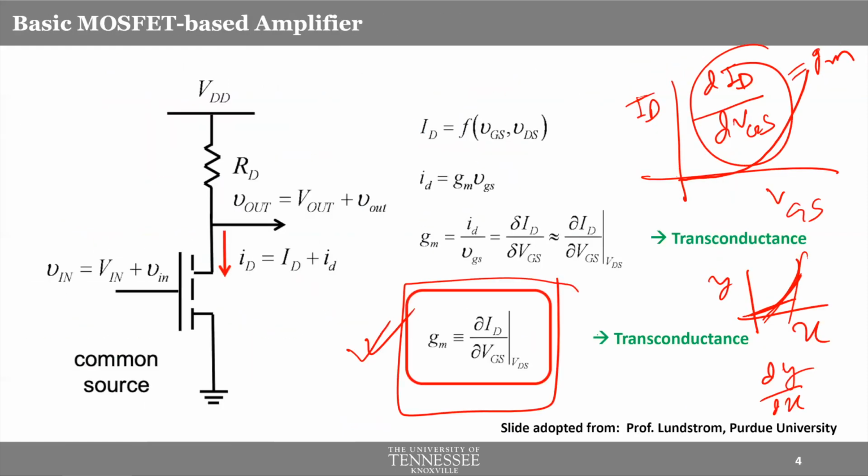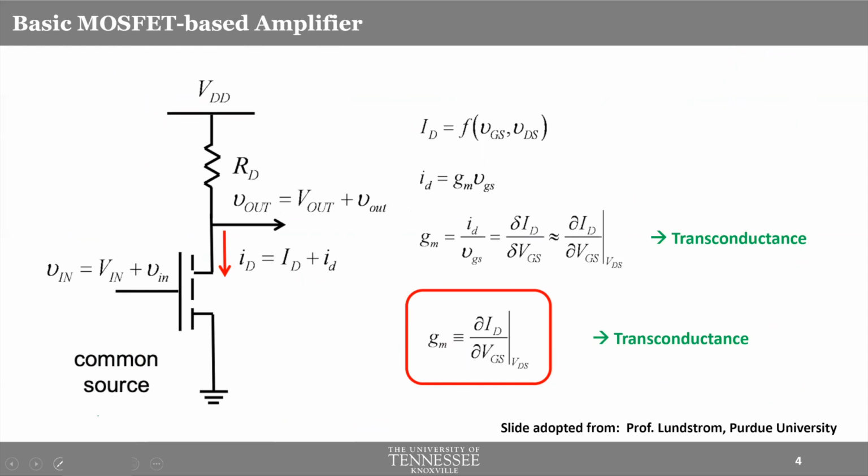Let me go back to this particular figure here, and I will tell you why that is a common source amplifier. So remember, this is gate, and how do you know which one is drain and source? Whichever one is at higher voltage will be drain for an NMOS transistor, and the lower voltage will be source for an NMOS transistor, right?